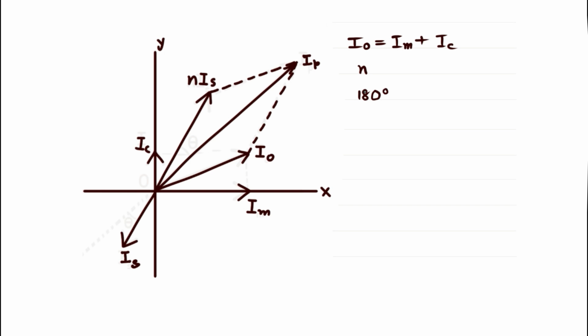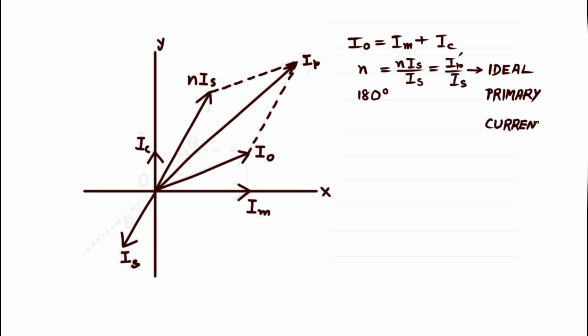So officially or ideally, the ratio of the CT is NIS by IS, meaning IP prime divided by IS, where IP prime is the ideal primary current. But practically, we get the current ratio IP divided by IS because IP is the total current we are injecting into the CT primary, but the actual current transformed to the secondary is IP prime.